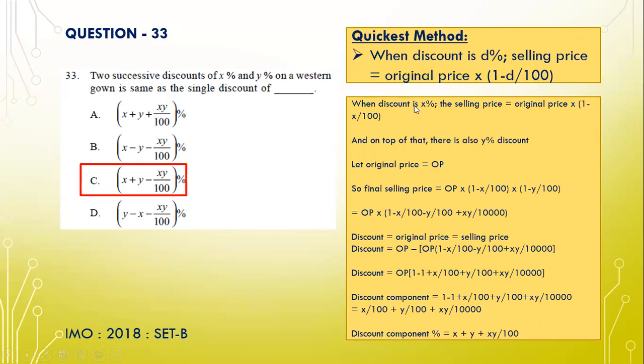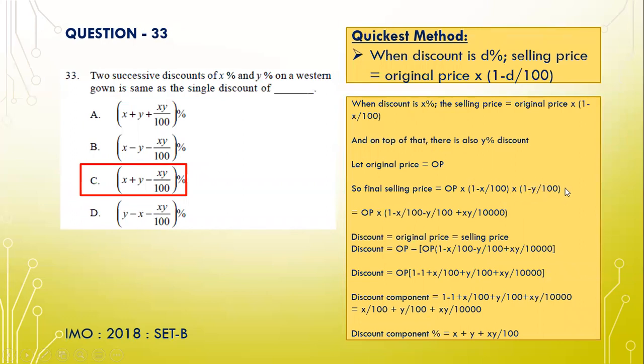So when discount is X%, the selling price is original price into 1 minus X upon 100. And on top of that, there is also a discount of Y%. So it will be original price, let it be OP. So final selling price is OP into (1 minus X upon 100) into (1 minus Y upon 100). There is X% discount, as well as on top of that there is Y% discount.